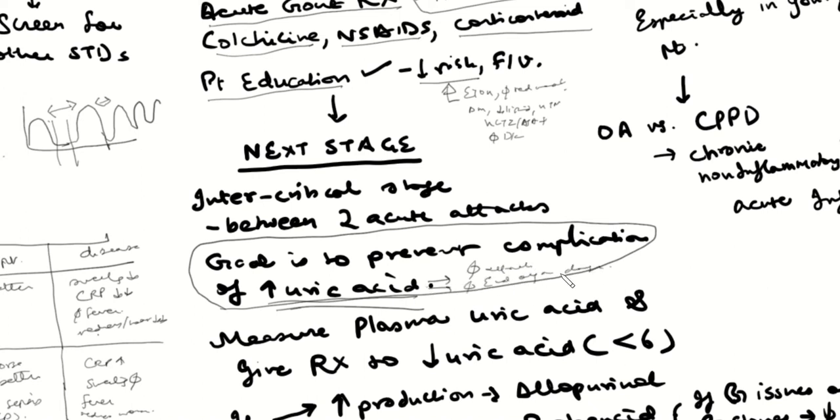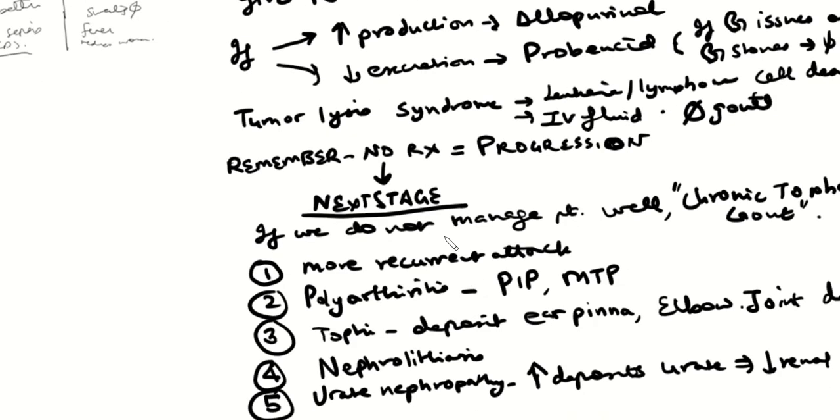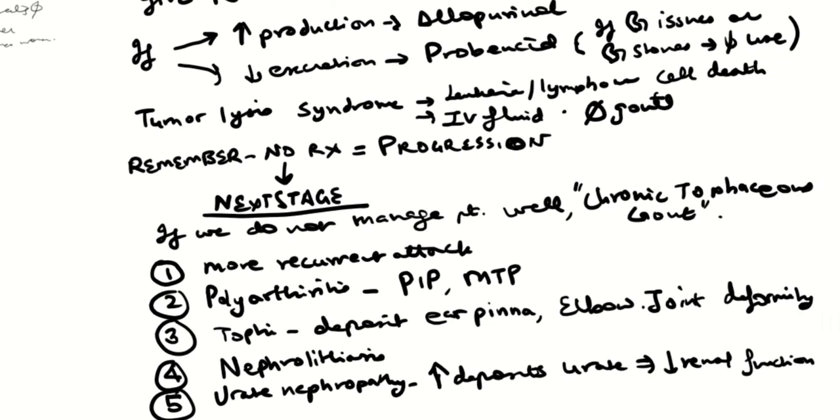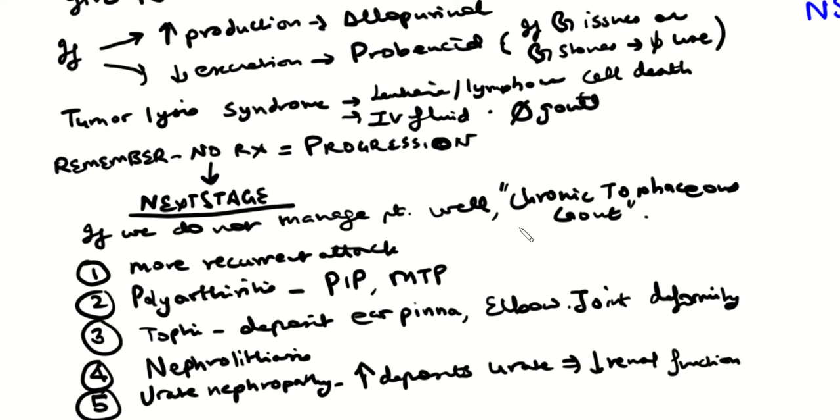If unchecked, it goes to the next stage, which is chronic tophaceous gout. Again, more recurrent attacks. Now you start to have polyarthritis. So in other words, you start to have more joints that become involved.